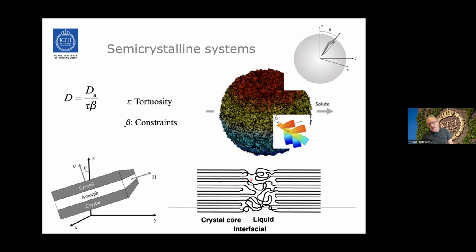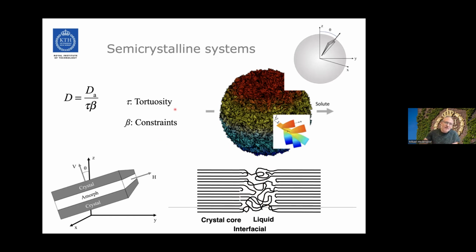And this crystal surface is also tighter bound to the crystal, so the mobility of parts of the chains here is lower than the mobility of the amorphous component.